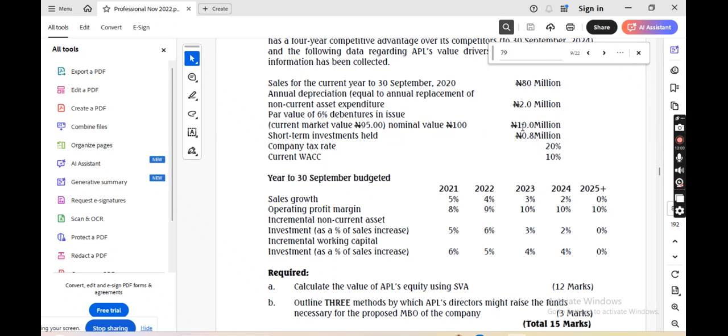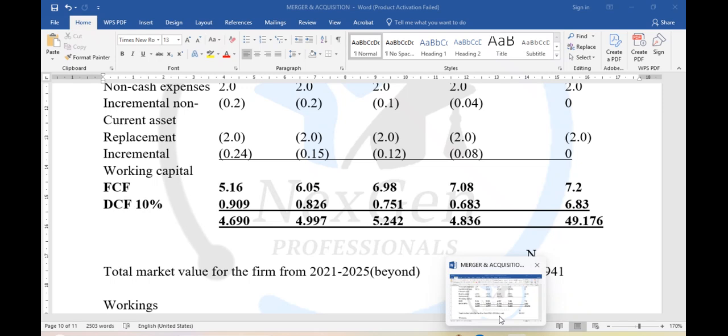Now, there is another challenge here. This debt is in percentage. We would have just done it the way we did under the merger question. We would have said, okay, the total market value is 60%, what is 60% of the total?